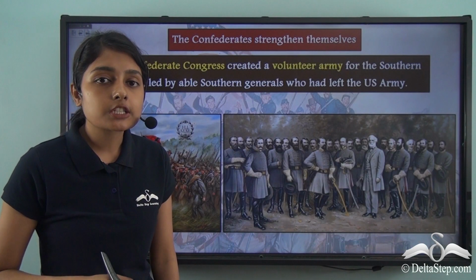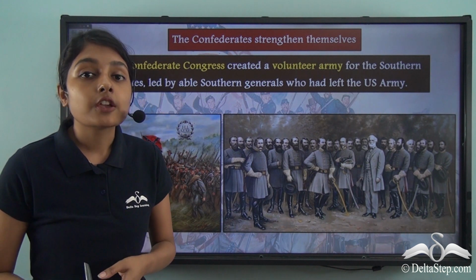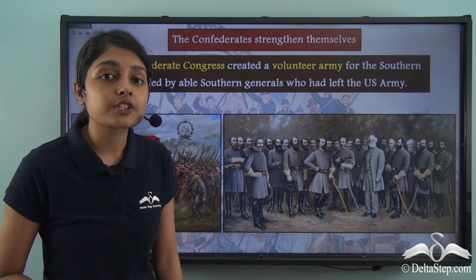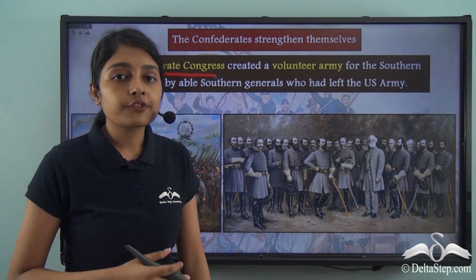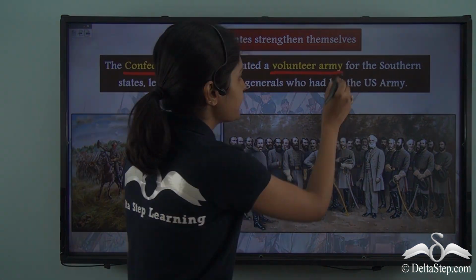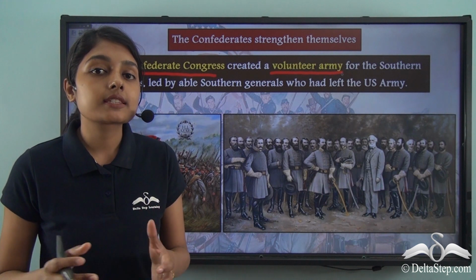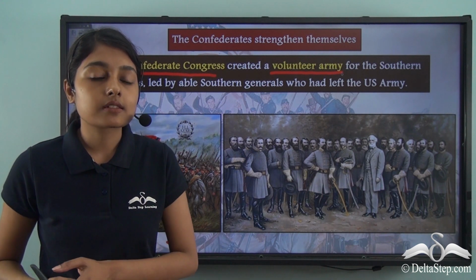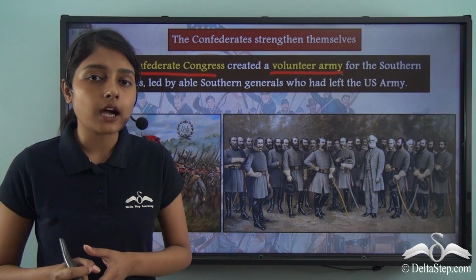Now the Confederate Congress, yes, you heard it right, the Confederate States went on to have their own legislature, which was called the Confederate Congress, and this Confederate Congress created a volunteer army. This volunteer army was created for defending the southern states that comprised the Confederate States. Now who joined this volunteer army?